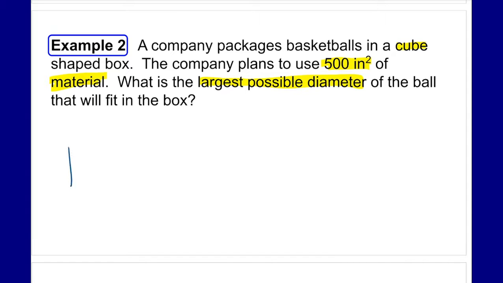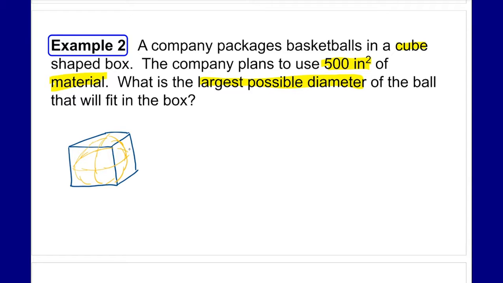So if I imagine I have a cube here, and I place my basketball. Nice little rough drawing here.